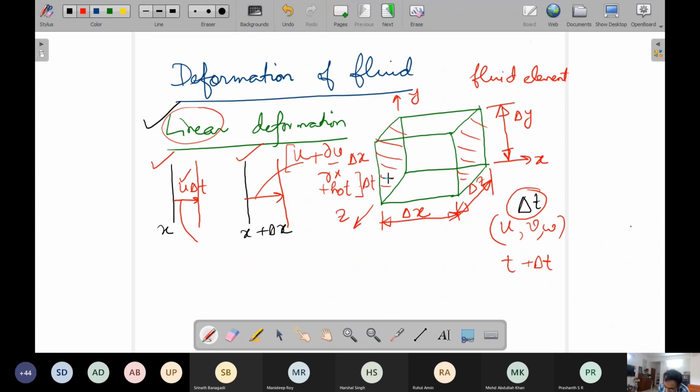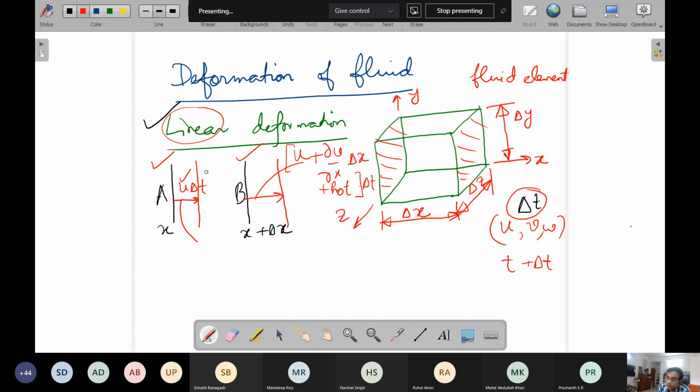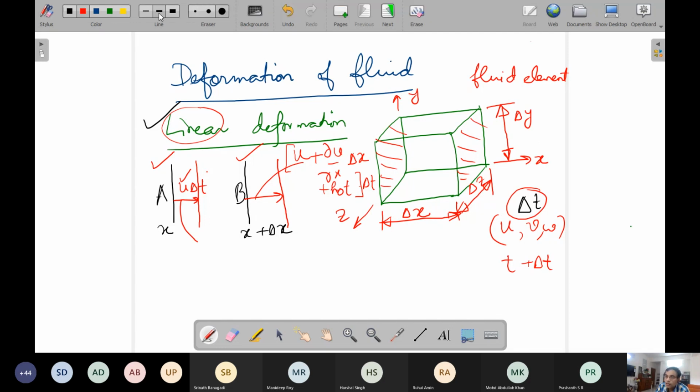So let us say that these faces are named A and B. Now A has come to A prime and B has come to B prime. So delta x, which was the distance between A and B, will be changed to something new, which is now the distance between A prime and B prime face.